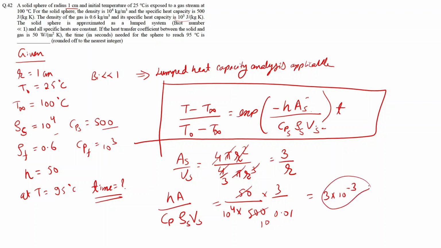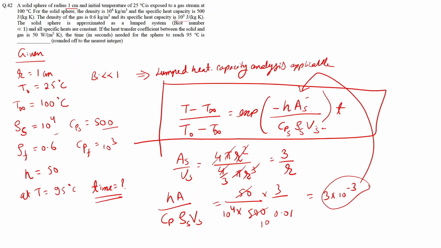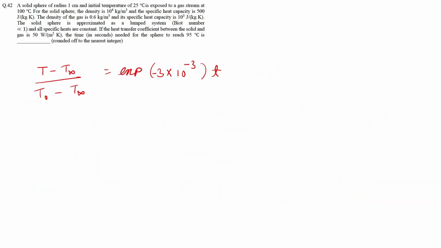Now let's just put this value over here, and we will get T minus T infinity upon T naught minus T infinity is equal to exponential of minus 3 into 10 raised to minus 3 into t. Okay, and we will be having this minus sign over here.